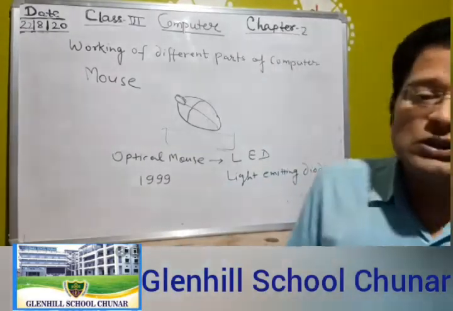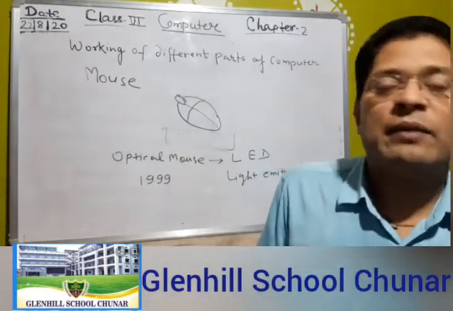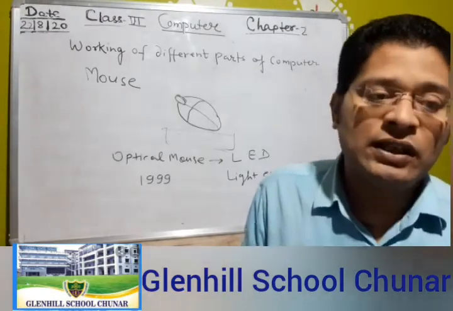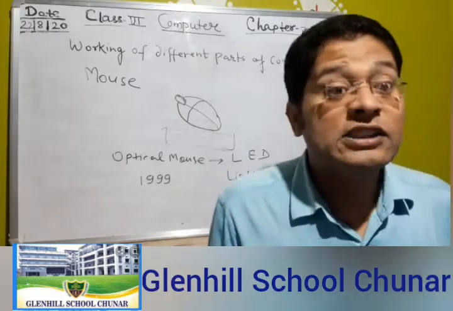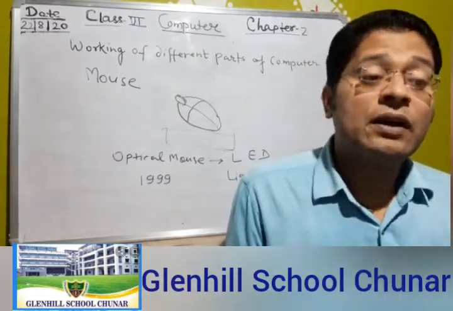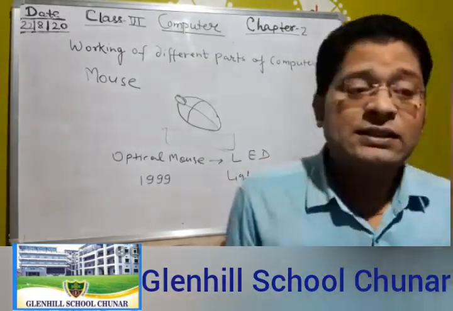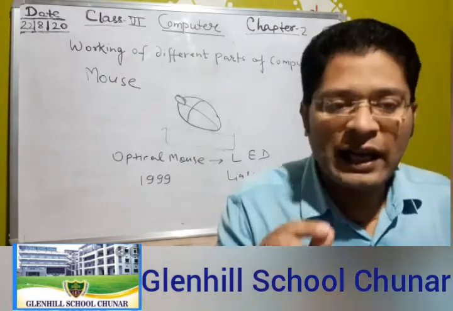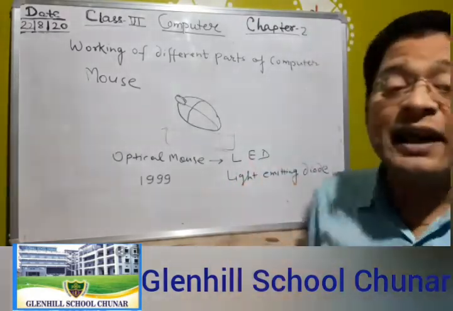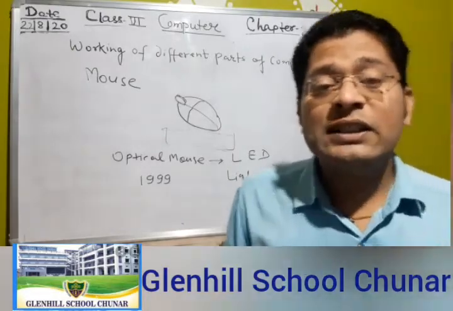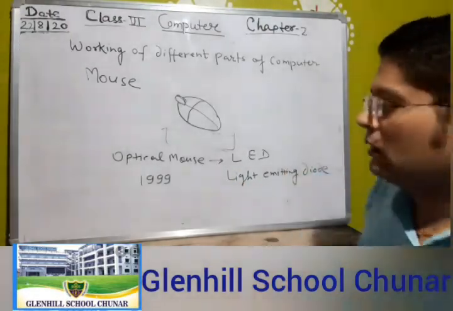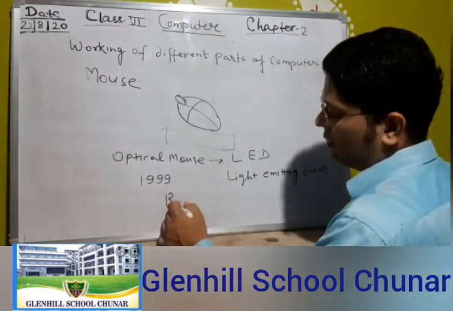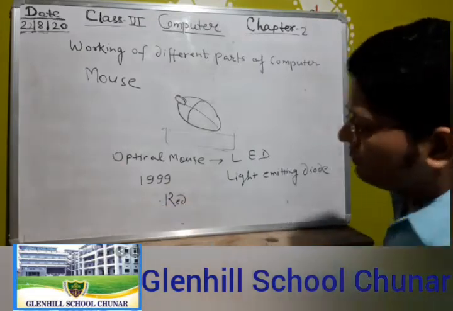So that technology was a teeny camera that takes thousands of pictures per second to determine position and speed. And the optical mouse uses a very small light emitting diode, which is red in color. So what's the color of the optical mouse light? Red color. Okay, yes.